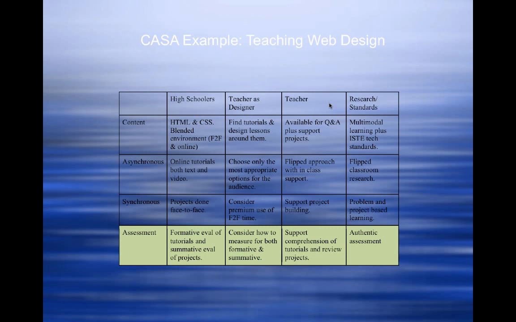And so we need to have a formative method for checking in that they're actually understanding those tutorials and or any other asynchronous material that they're getting on their own time, and then also a summative evaluation of their overall projects. So from a designer standpoint, well, okay, how do we think about how we're going to do formative evaluation? We need to consider how to measure both formative and summative evaluation.